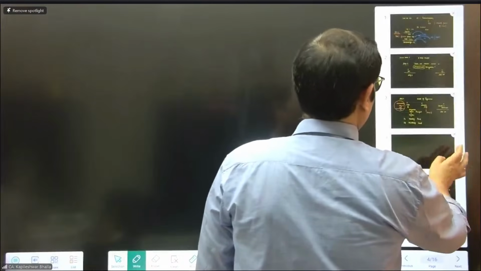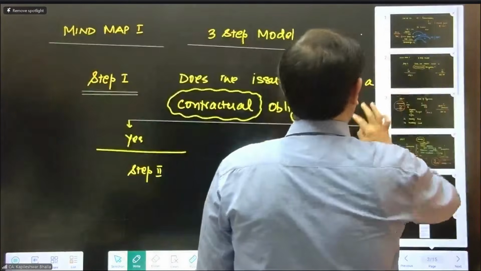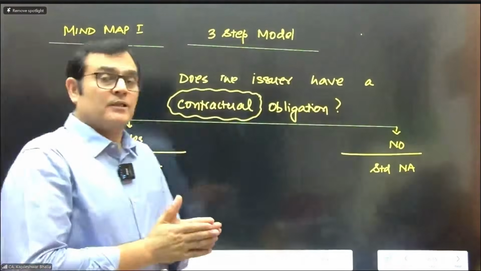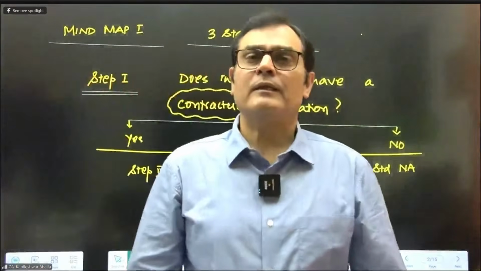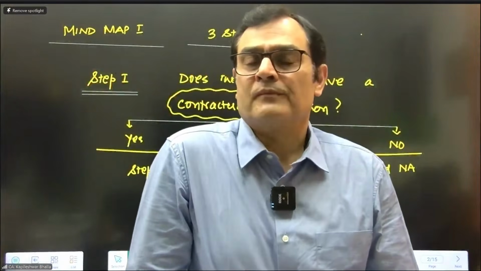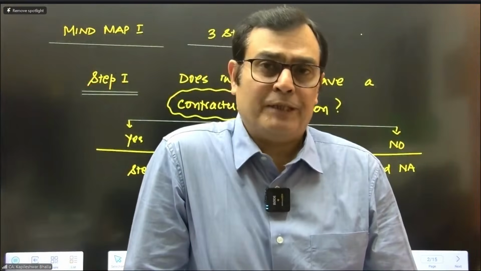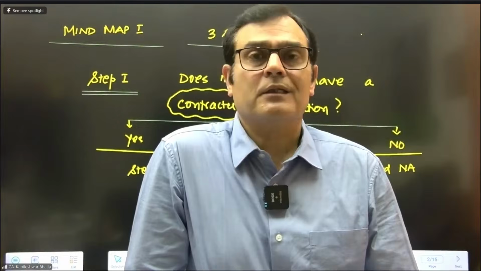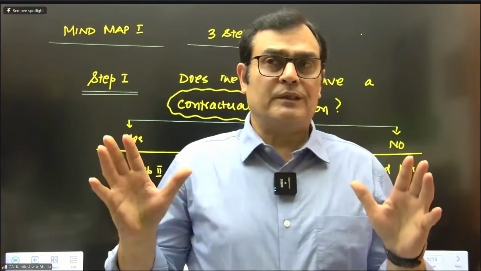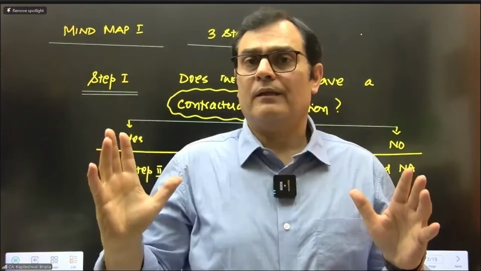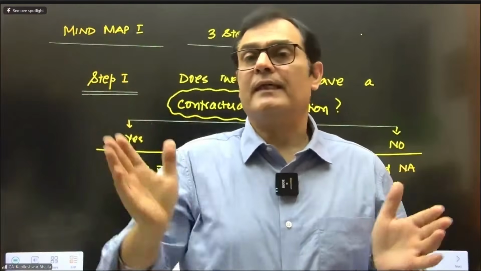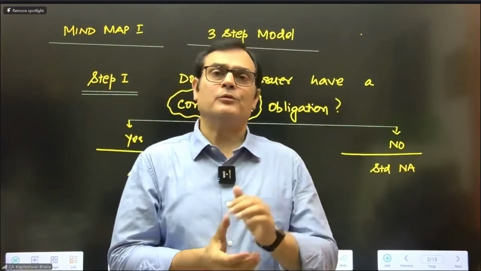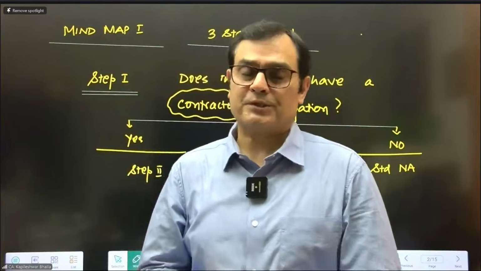Let me come back to the agenda and do a quick recap of the concept. The focus is on Ind AS 32 presentation in the balance sheet, and the presentation as per Schedule 3, Division 2: equity is equity share capital, liability is borrowings, and if it is a compound financial instrument, split accounting, equity in other equity, and liability as a part of borrowings.